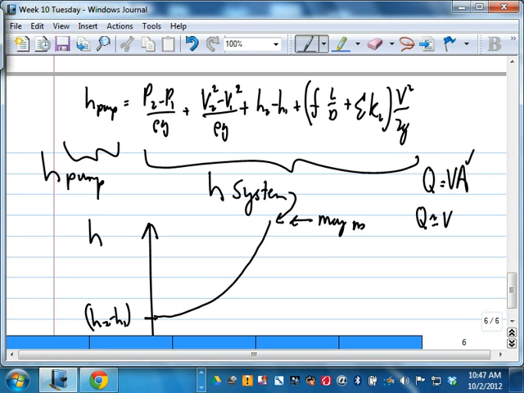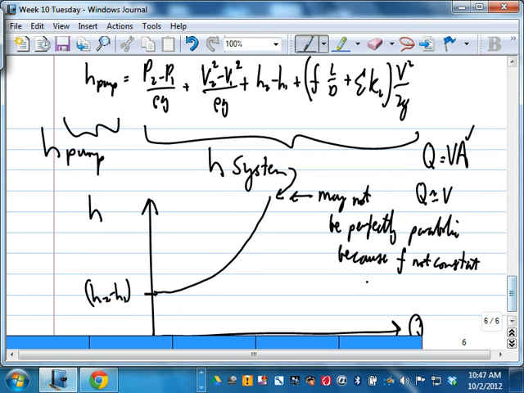May not be perfectly parabolic because F is not constant. F is a function of Re and E over D. And Re changes when you change velocity. So it may not actually be perfectly parabolic, but never mind. I just sketch for now.